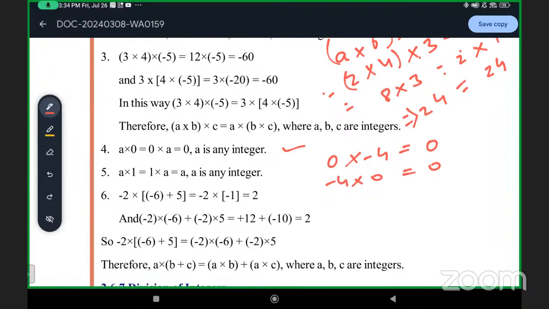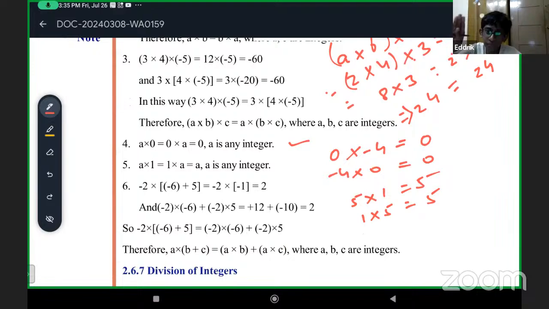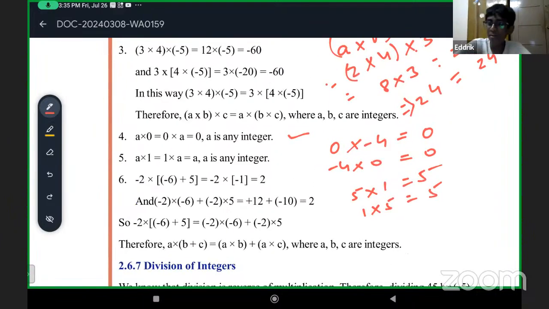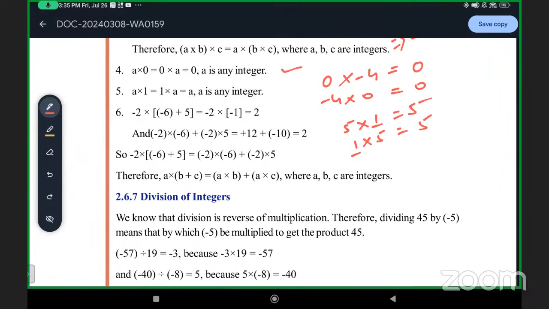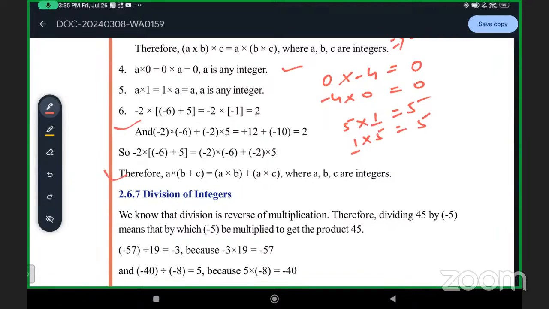If I multiply 1 with any integer, say the positive integer 5, 5 into 1 or 1 into 5, I'll get 5 in both cases. And 1 is the multiplicative identity of integers. That's right. They have solved this and shown you, you can take a look at it.